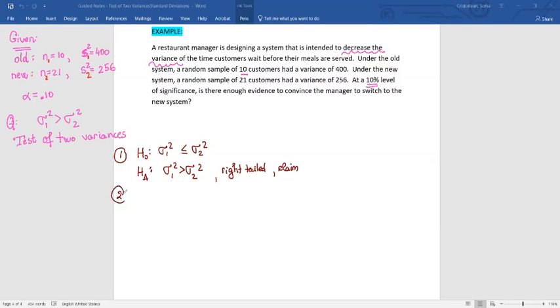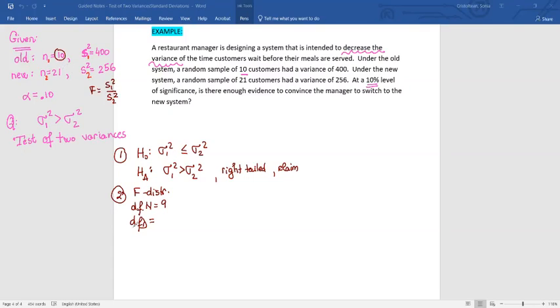Step 2 will be to make sure we know we are using an F distribution. An F distribution comes with 2 degrees of freedom, the degrees of freedom of the numerator and the degrees of freedom of the denominator. Now, on the top for F, we put the larger variance, which is S1 squared, and on the bottom we'll put the S2 squared, which means on the numerator, the degrees of freedom will be related to the sample size, which is n1 minus 1, so 9.